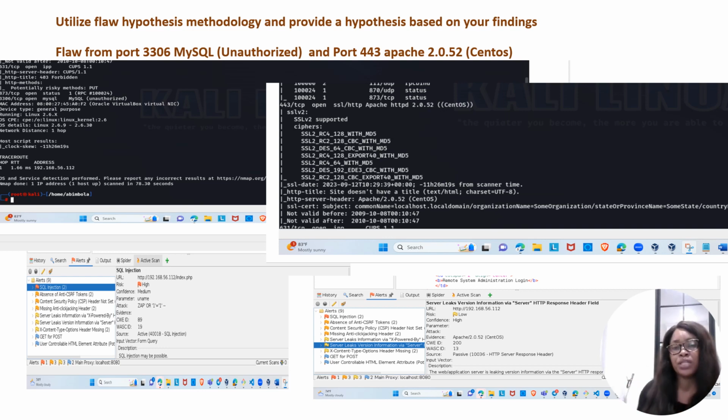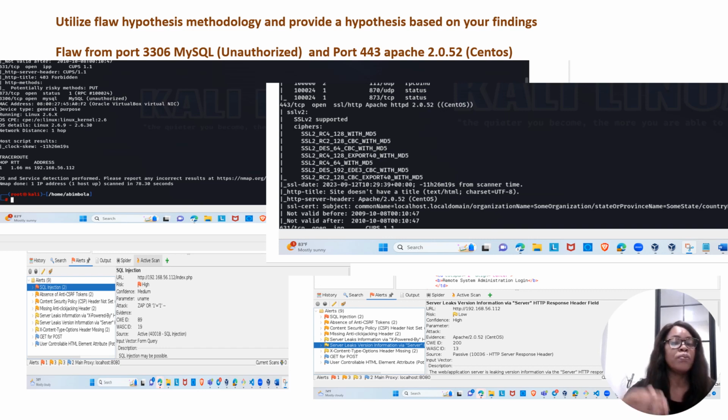So during the process of my vulnerability scanning, it has been identified that the server on port 443 is leaking version information through a server that is open on port 443.